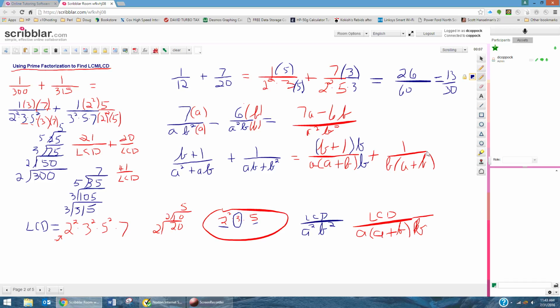This denominator over here is missing an A. So I'll multiply top and bottom of this fraction by A. Now I've got a common denominator. I can add the numerators.